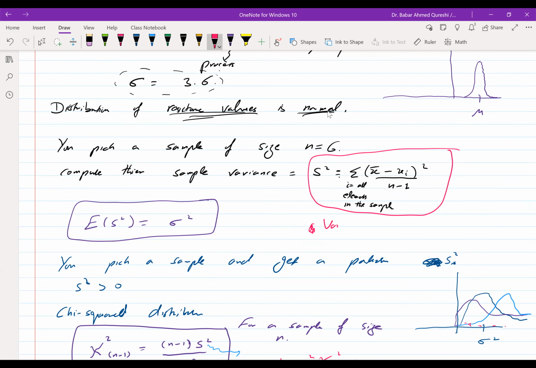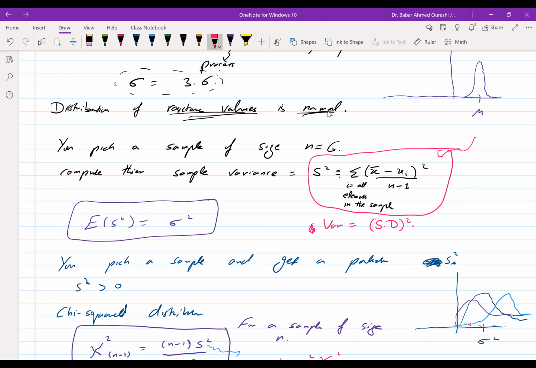Variance is standard deviation square. That's the formula. In a sample, you are trying to get an idea of the variance in the population, the standard deviation of the population, using the variance of the sample.